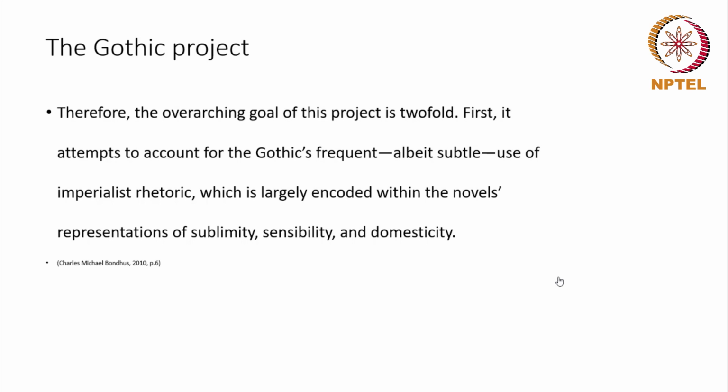So you can see how carefully the project of the Gothic is embedded within the narrative framework of Gothic fiction. According to the critic here, there is an imperialist rhetoric within the structure of Gothic fiction, and that rhetoric can be found in the way the notions of the sublime, sensibility and domesticity are represented in this particular subgenre.